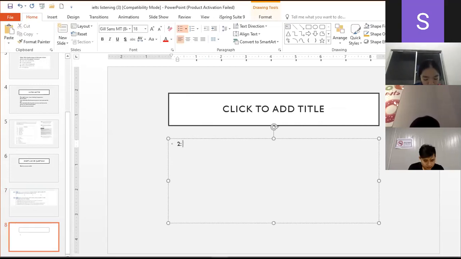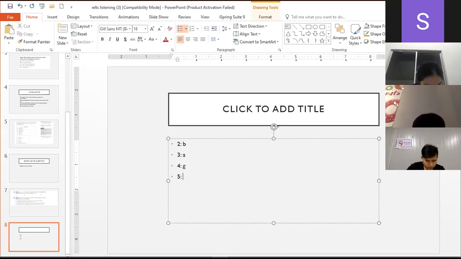Number 3, weaknesses. A. Number 4, peer evaluation, so evaluate by peer. G, very good.